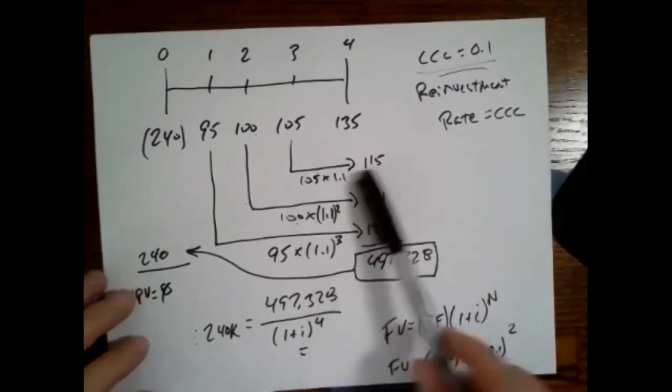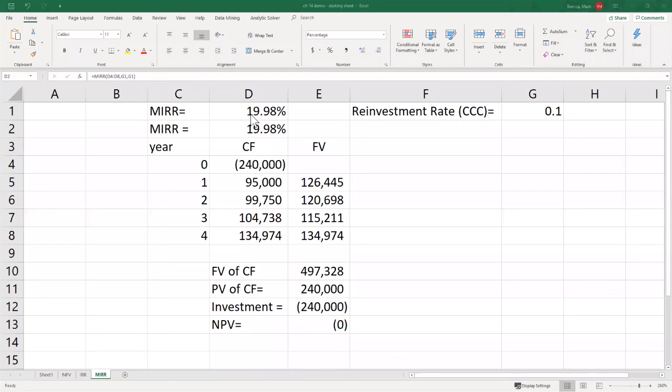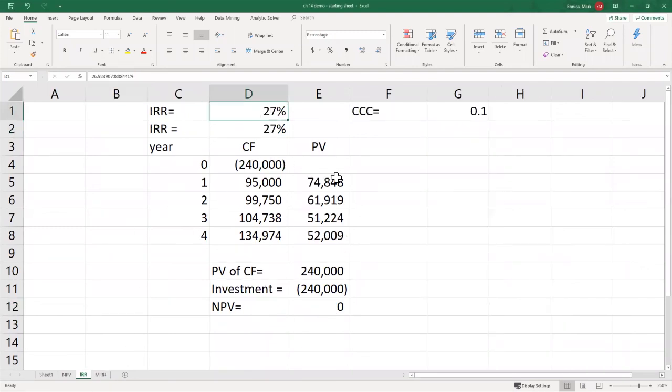Okay, and so one of the things that's true about this is you notice that our MIRR is lower than our IRR, right? So our MIRR is 19.98%, our IRR was 27%.